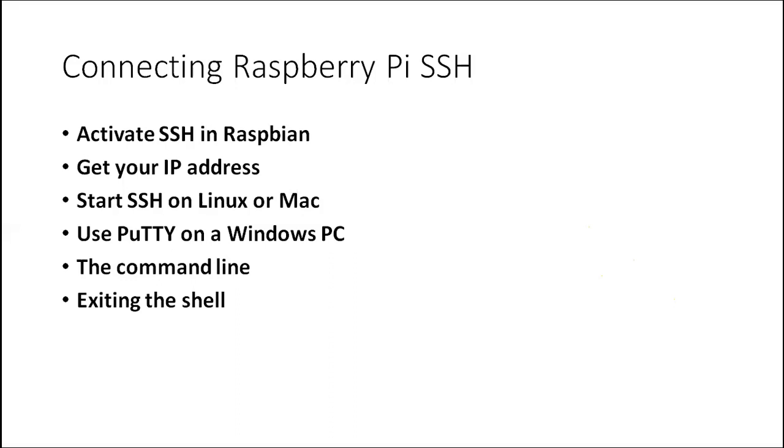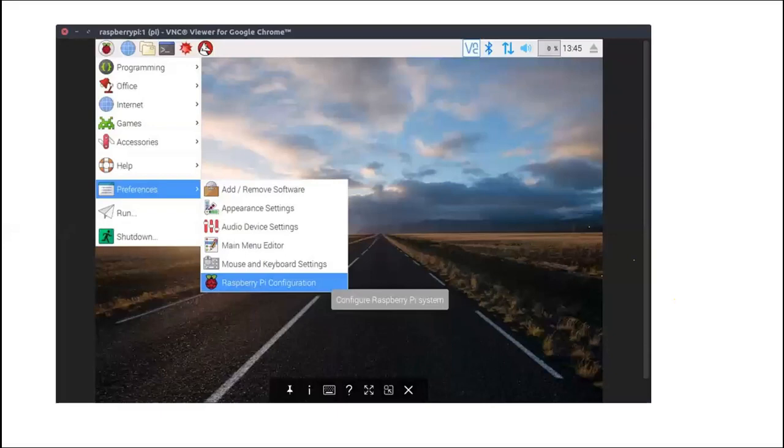So the first step is to activate SSH. In the next slide, I showed the configuration of Raspberry Pi for enabling SSH. It is the same process we used for one-wire. We have to go to the Raspberry Pi configuration.